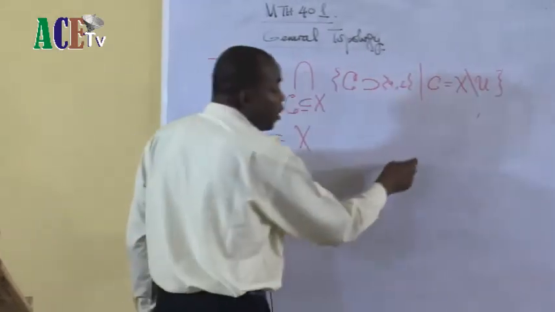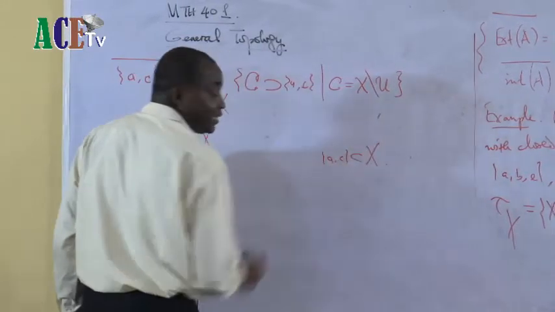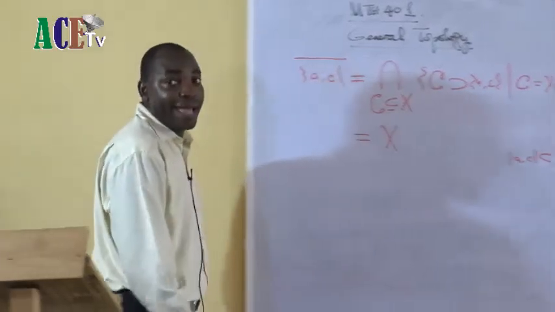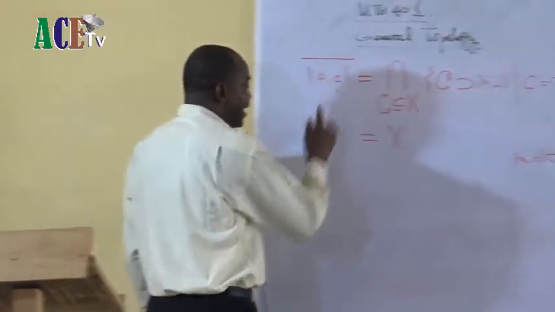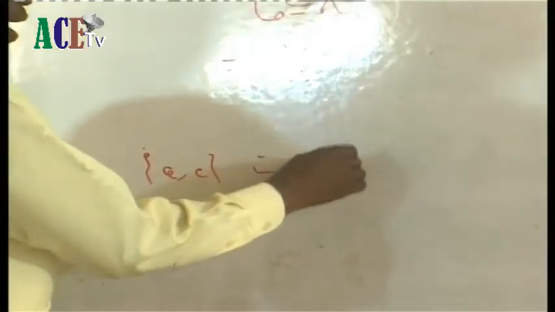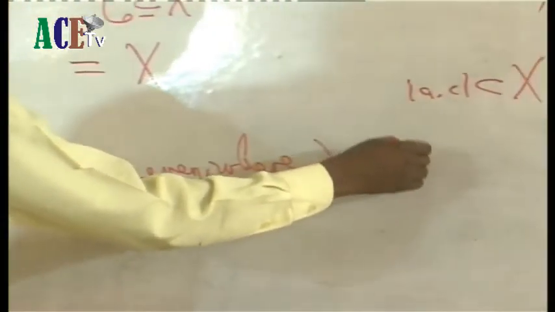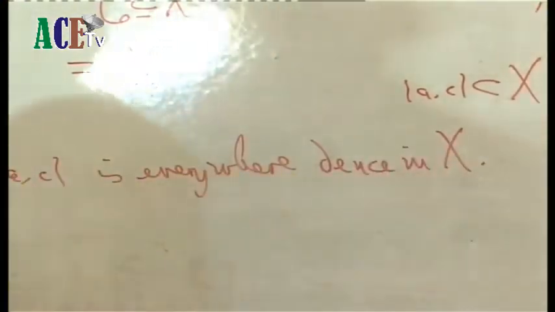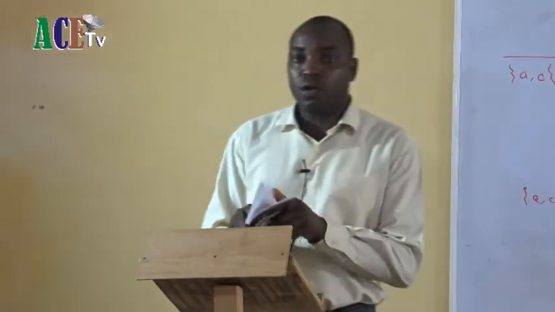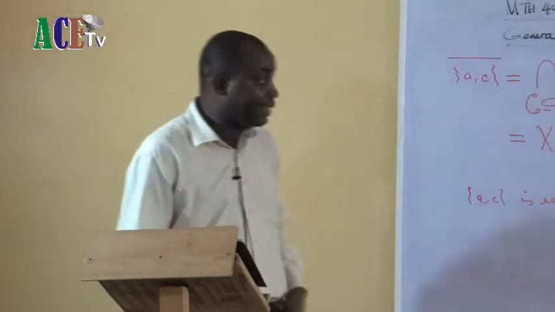In X. Of course, we know {A, C} is a subset of X. But the closure of {A, C} here is equal to X. Therefore, we say that {A, C} is everywhere dense in X. Very simple. So we see there the possibility of having denseness.